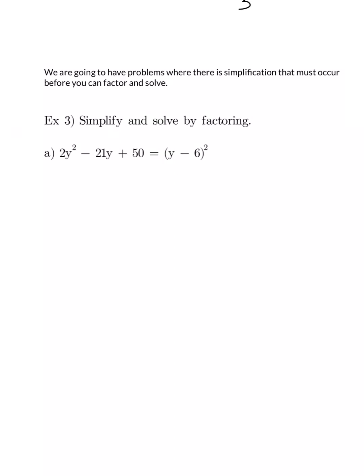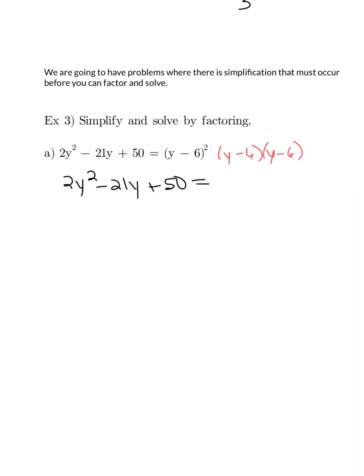On the right side, it's kind of a quadratic because it's a squared, but it's a quantity squared. So before you begin, you need to multiply, and remember that y minus 6 quantity squared is y minus 6 times y minus 6. Our left side's going to stay as it is, 2y squared minus 21y plus 50.